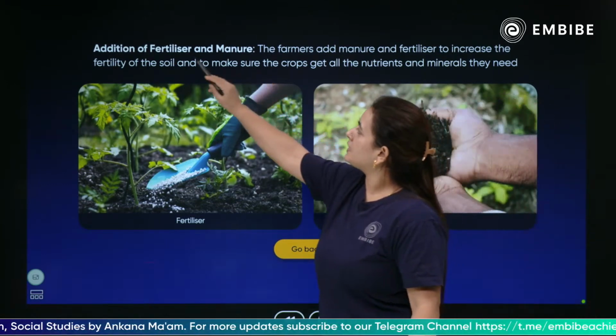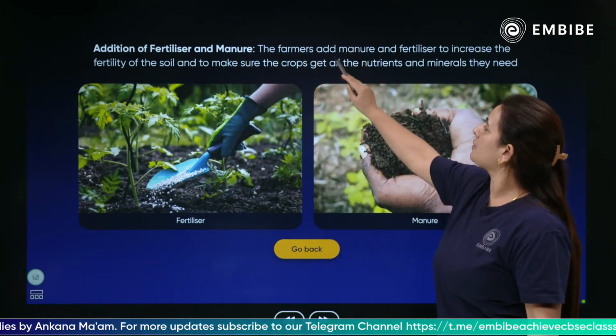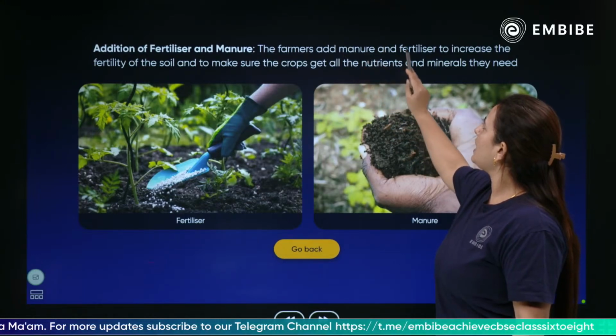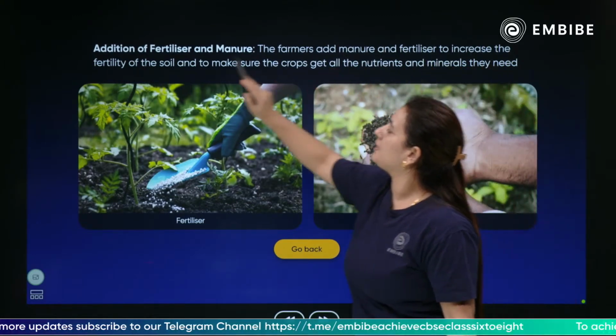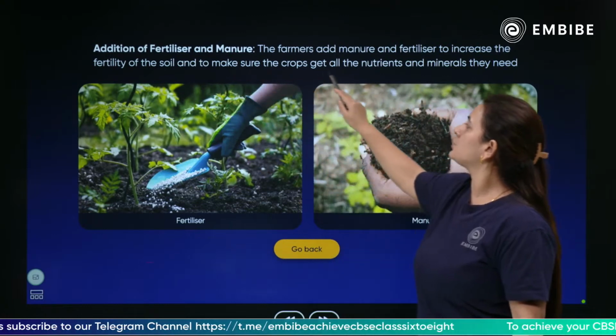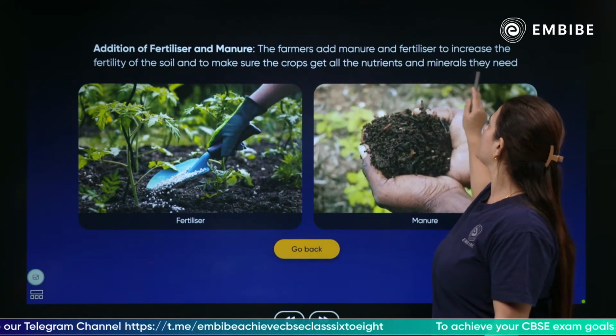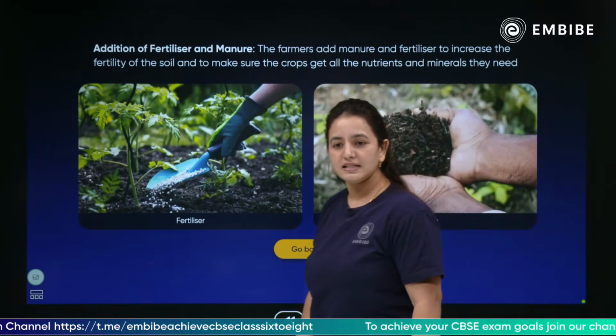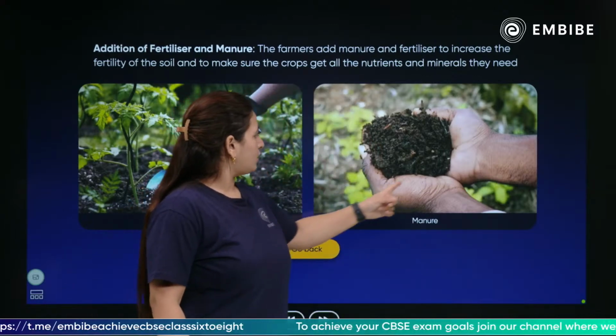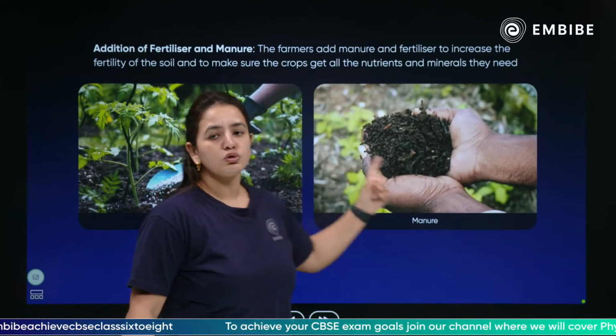The farmers add manure and fertilizer to increase the fertility of the soil, to make sure the crops get all the nutrients and minerals they need. Yes, we tend to add lots of fertilizer and manure to the soil.